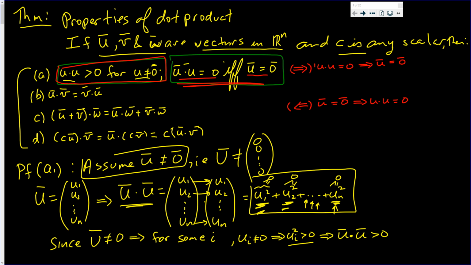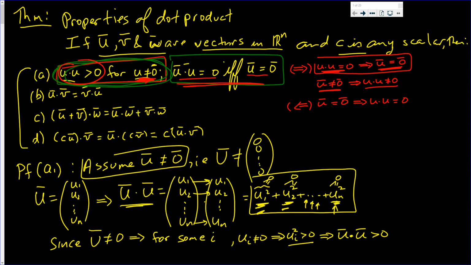Okay, now if we look at this one more closely, the contrapositive, that means I negate this. I say that u is not the 0 vector implies not this: u dot u is not 0. But that's just what I did over here. This is exactly what I proved over here. If u is not 0, I'm going to show that u dot u is not 0.